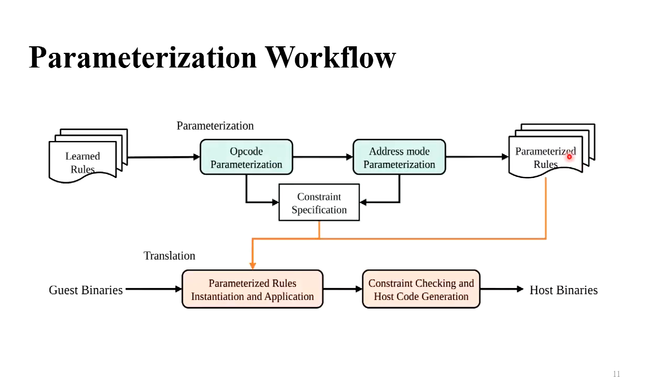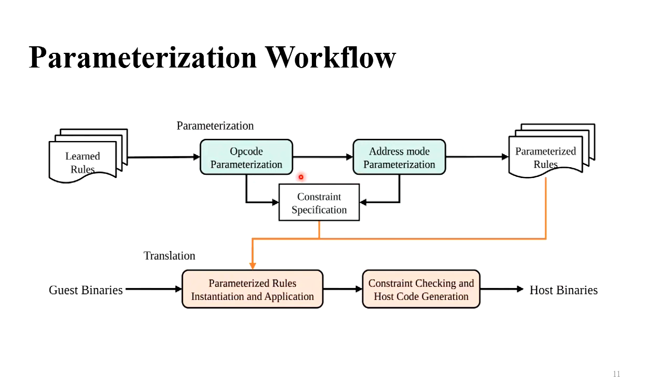This is the workflow of our parameterization approach. Through parameterization, we can derive more effective translation rules with a much smaller training set. It can significantly improve the coverage and the performance. In the workflow, we first generate the parameterized rules through opcode and operand parameterization.